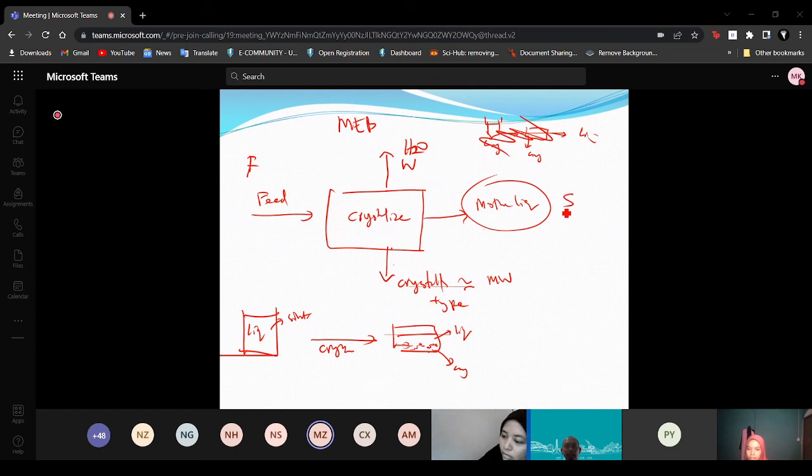And the mother liquor we call S, solution, the solution that doesn't have any crystal. Crystal, this is C. Okay, C. So from here you can do the balance.